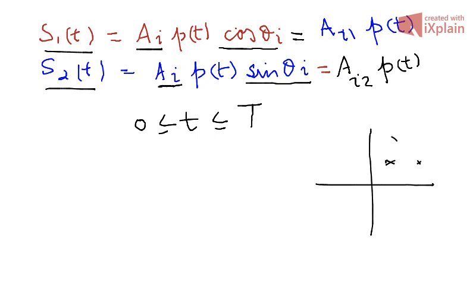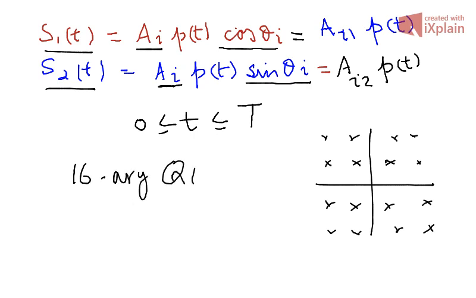Suppose I am drawing this for M16, a 16-array QAM symbol, M-array, right? So in 16-array QAM, you have this. This is the constellation of 16-array QAM.